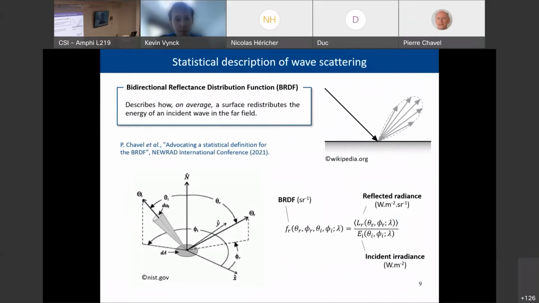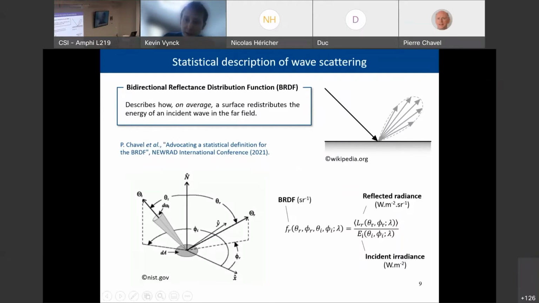The quantity that will be interesting for us is the so-called BRDF. It means the bidirectional reflectance distribution function. And this is a quantity that describes how, on average, a surface redistributes the energy of an incident wave in the far field.